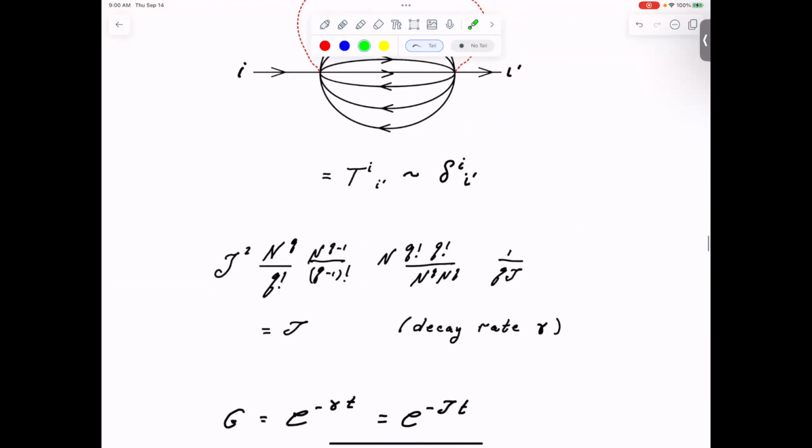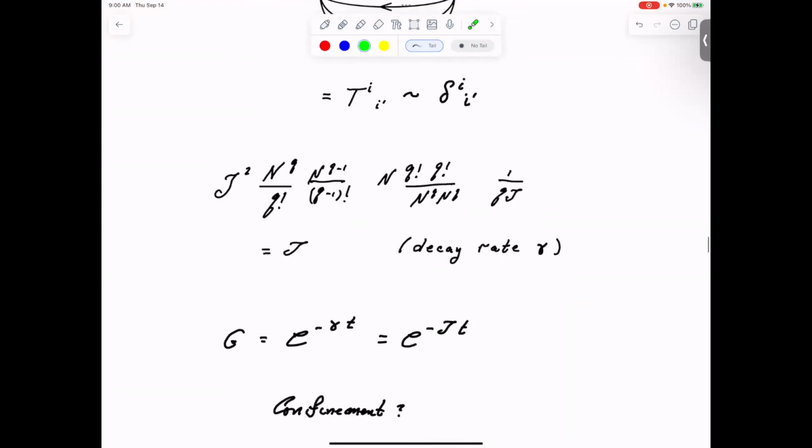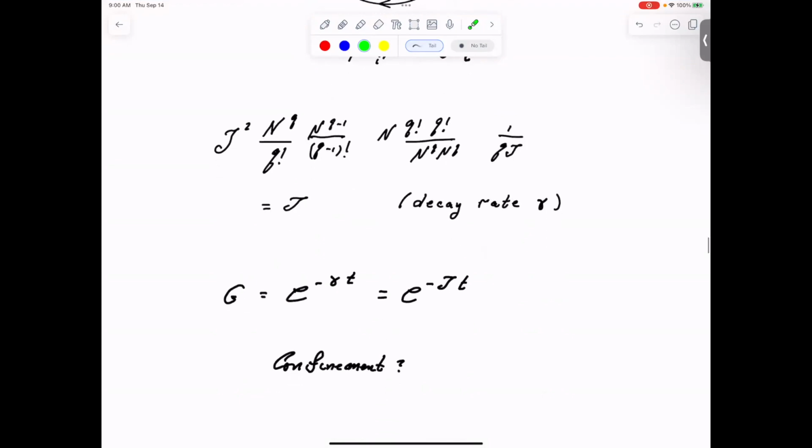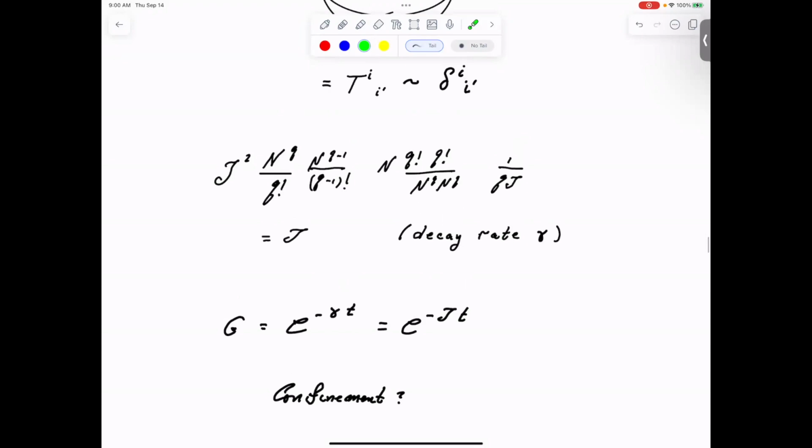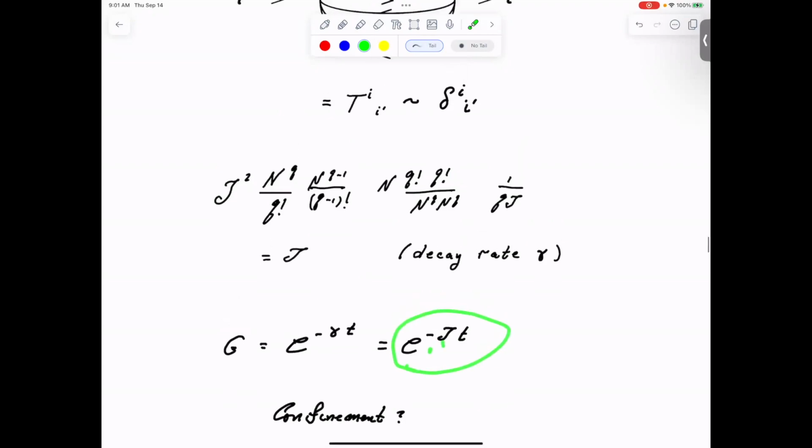The decay rate of a fermion: if we make a fermion excitation, that fermion excitation will decay by the fermion falling into the horizon. It's also associated with quasi-normal modes. The meaning of this J here is that the fermion Green's function decays like e to the minus Jt.